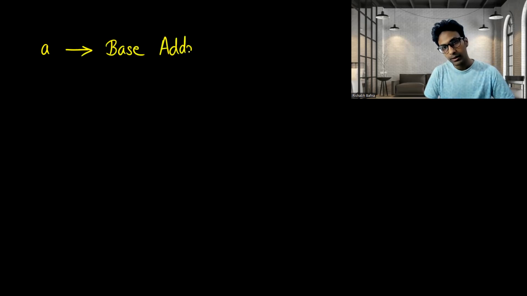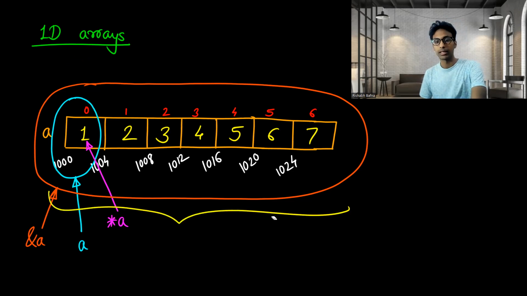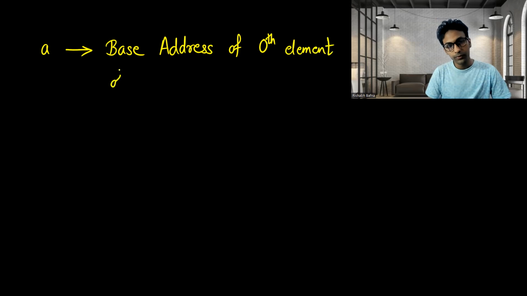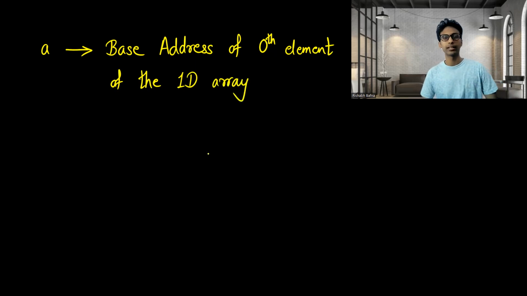A implies what? Base address of the 0th element of the entire 1D array, of the 1D array. Anyways, 1D array, because we are dealing with a 1D array itself. Fine.